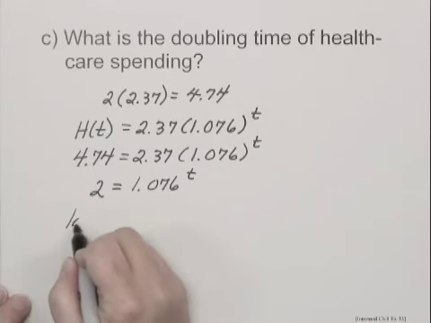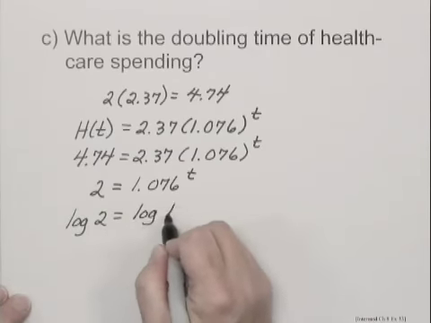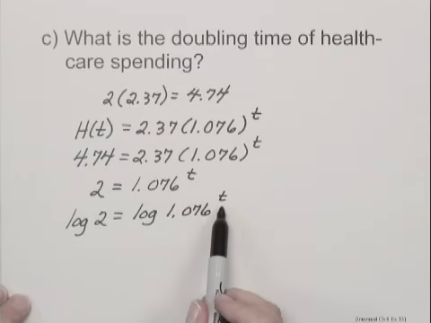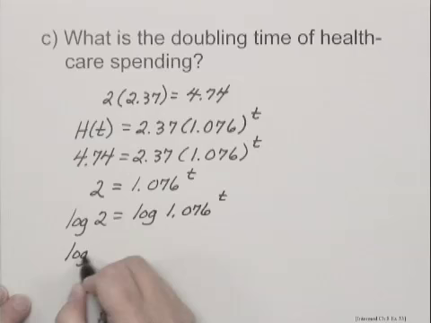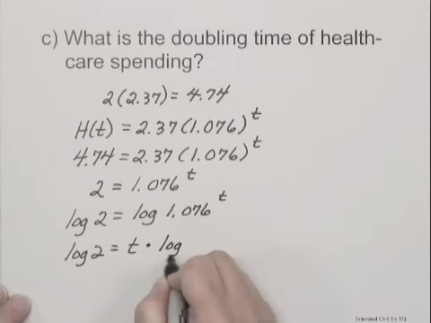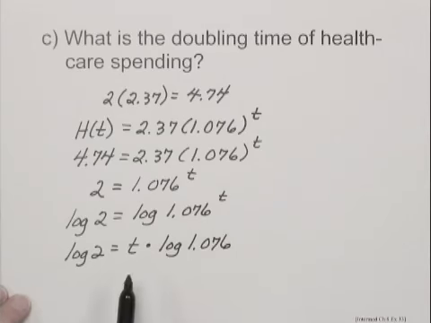Now we take logarithms. The log of 2 equals the log of 1.076 to the t, and this can be written now as t times the log of 1.076. So to solve for t, we divide both sides of the equation by the log of 1.076.